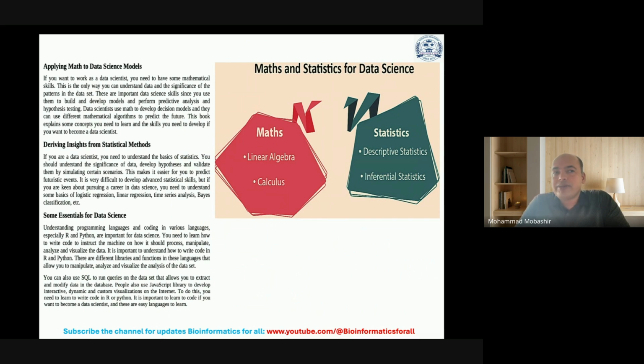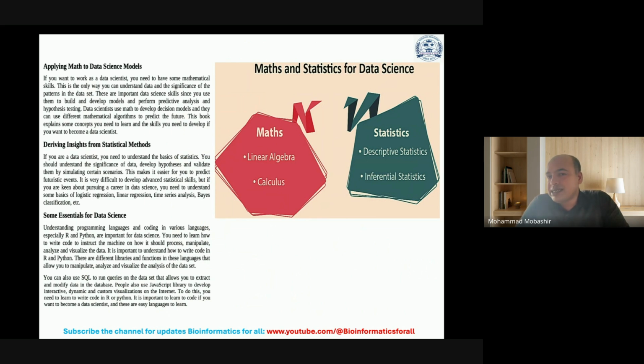So applying mathematics to data science models, then deriving insights from statistical models, and then some essentials for data science, which I have explained. In math, you need linear algebra and calculus.